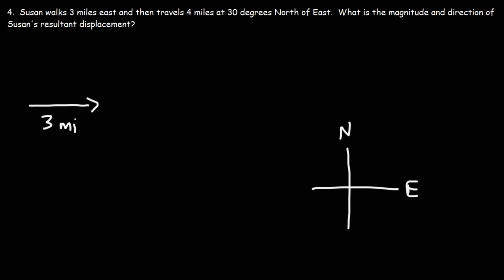Starting from east, we need to travel 30 degrees towards the north. So in this general direction is where the second vector is going to be. So it's 30 degrees above the horizontal, or above east. And she's going to travel 4 miles in this direction.